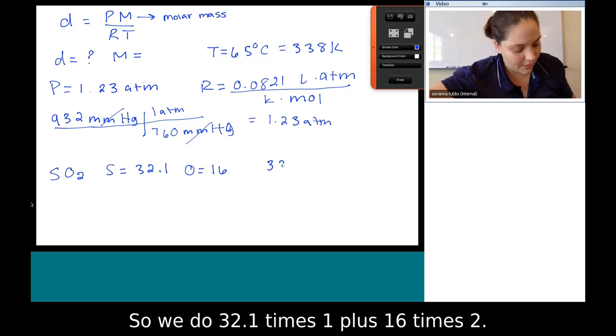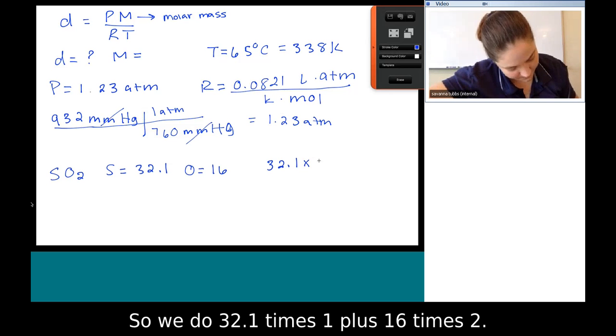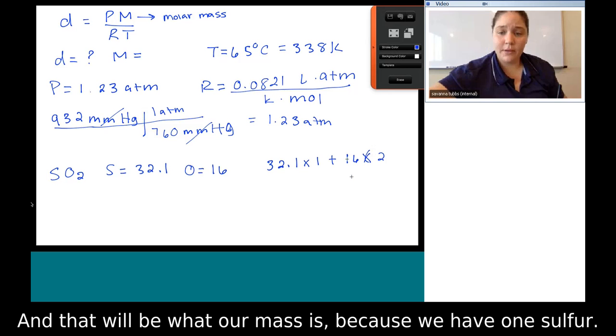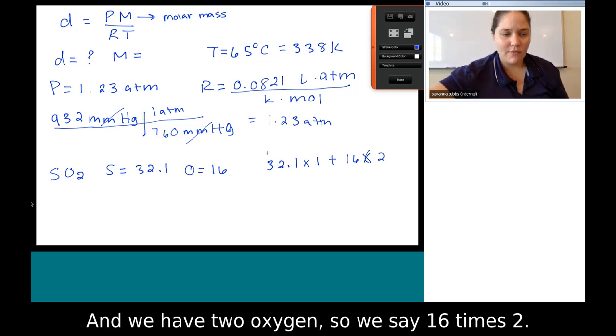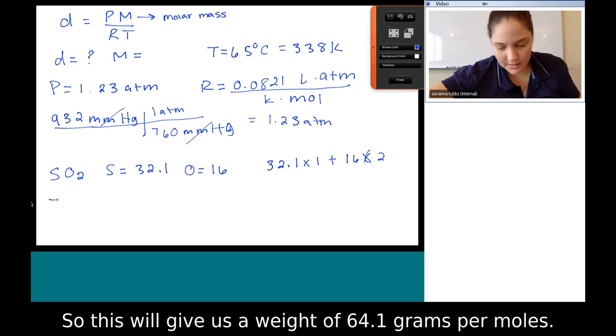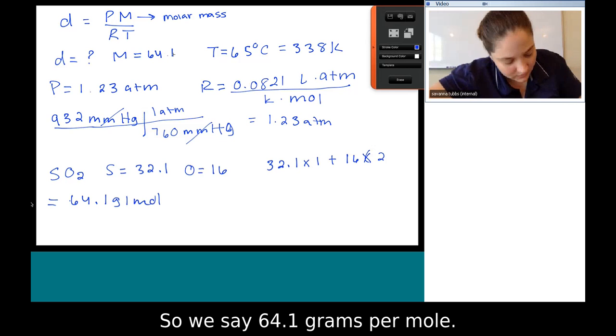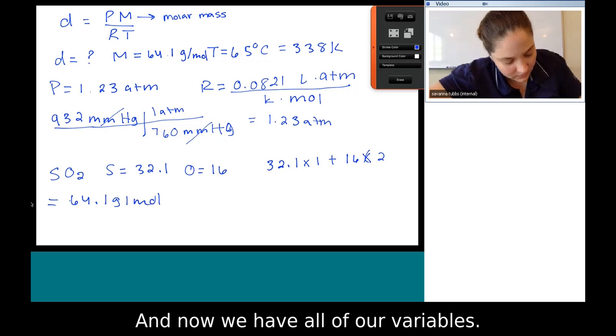So we do 32.1 times 1 plus 16 times 2. And that will be what our mass is, because we have 1 sulfur, so we just say times 1. And we have 2 oxygen, so we say 16 times 2. So this will give us a weight of 64.1 grams per mole. And now we have all of our variables.